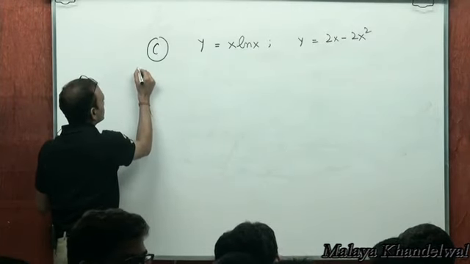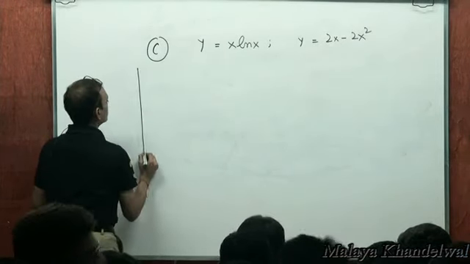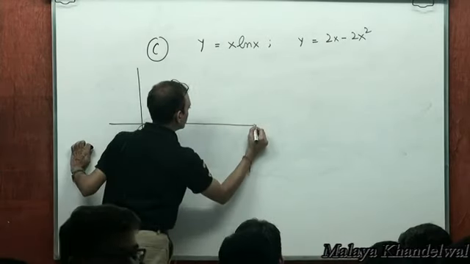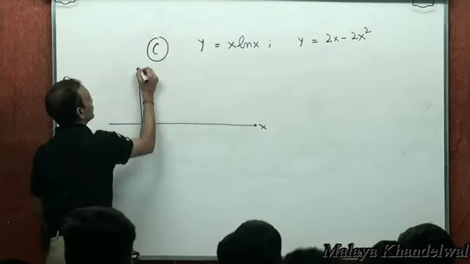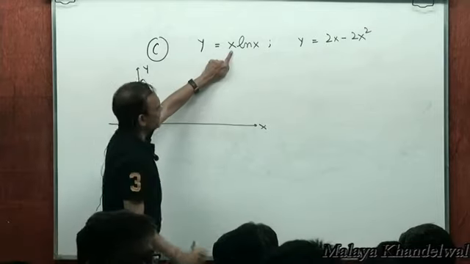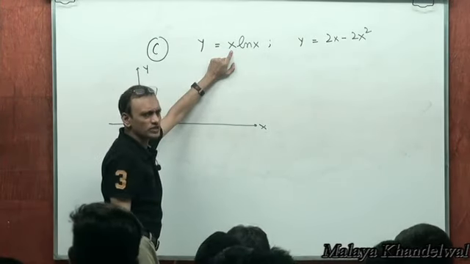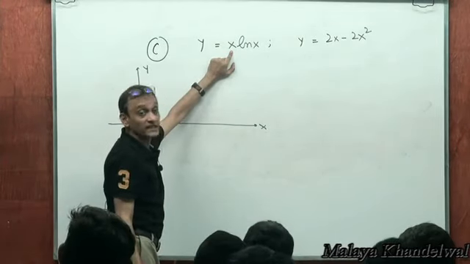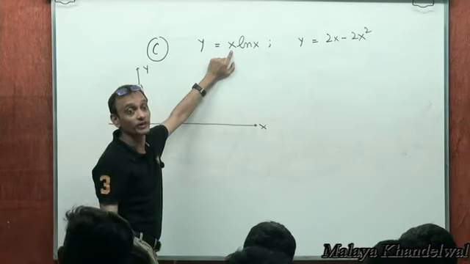Now, as x tends to 0, it tends to 0. X ln x tends to 0 as x tends to 0 from the greater than 0 side.